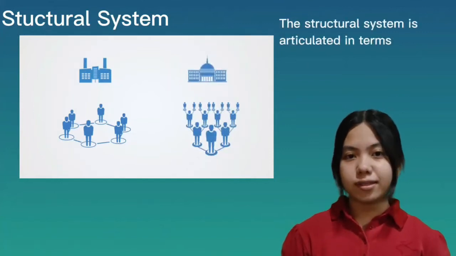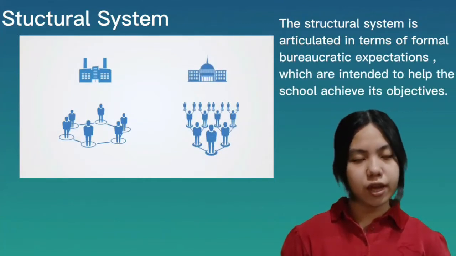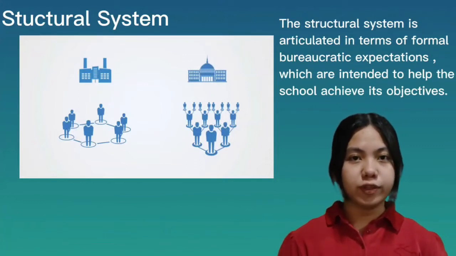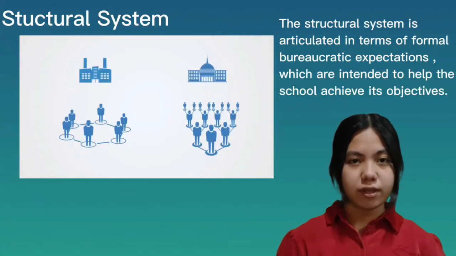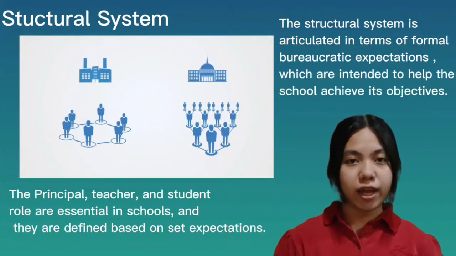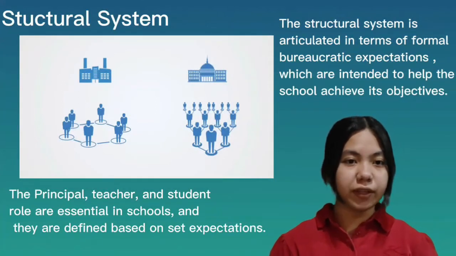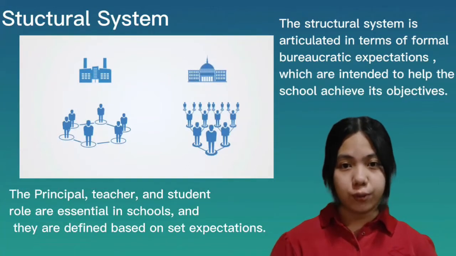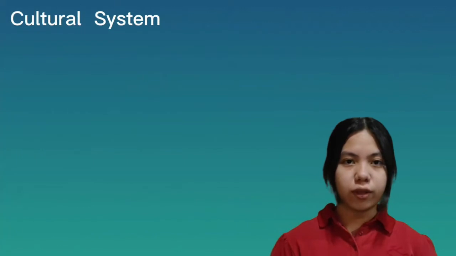The structural system is articulated in terms of the formal bureaucratic expectations, which are intended to help the school achieve its objectives. The principals, the teachers, and the students have an essential role in the school. They are defined based on a set of expectations, and they have their own preferences, beliefs, and views when it comes to their work.